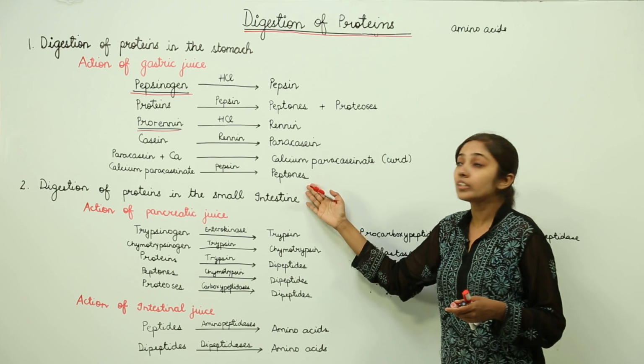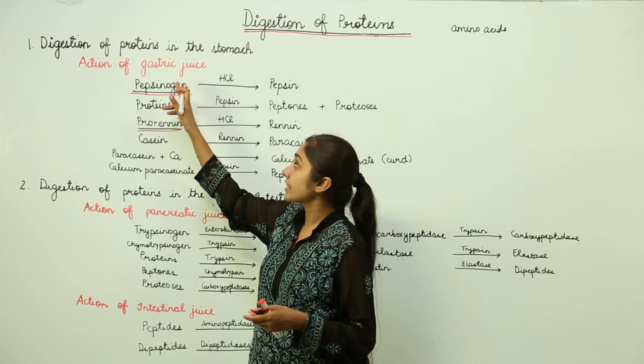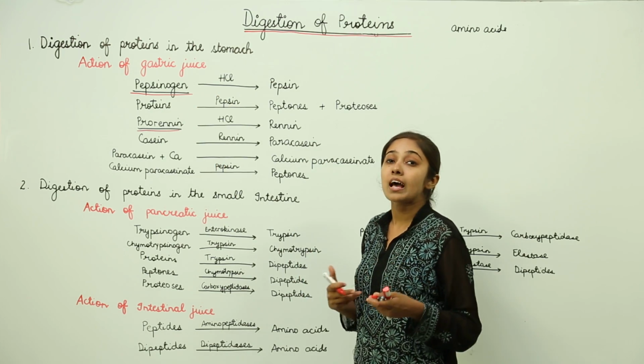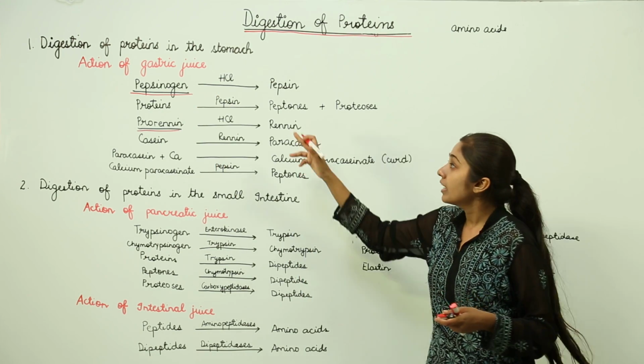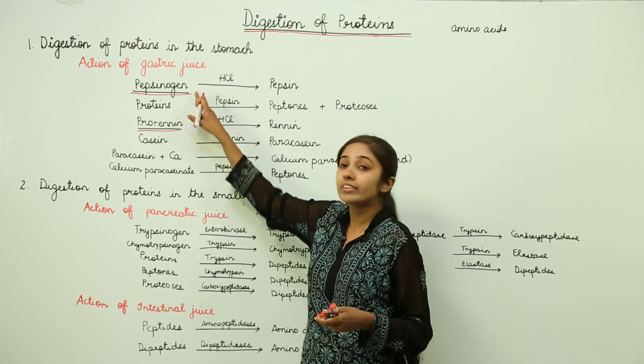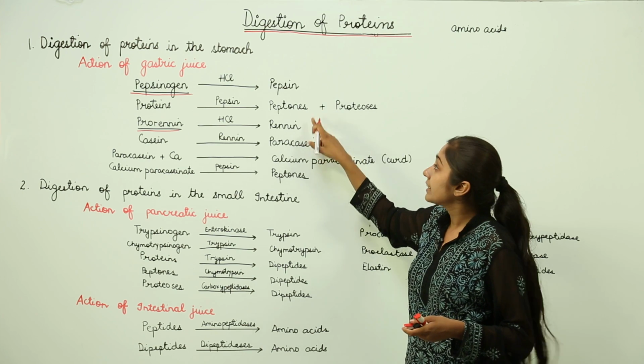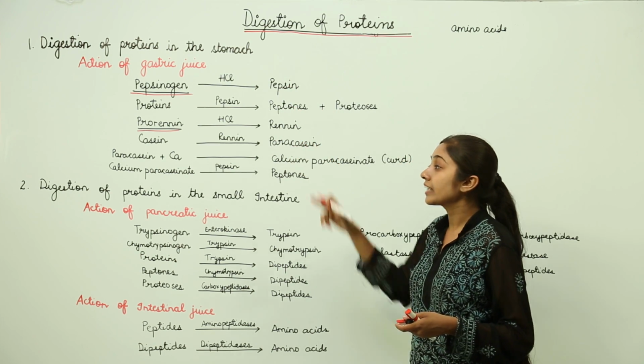So, this is how the digestion of proteins takes place in the stomach by the action of gastric juice. Gastric juice has an acidic pH, that is why the proenzymes pepsinogen and prorenin get converted into pepsin and renin respectively, and these help in the digestion of proteins.